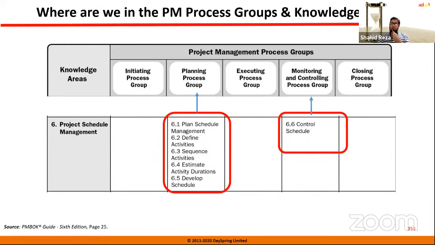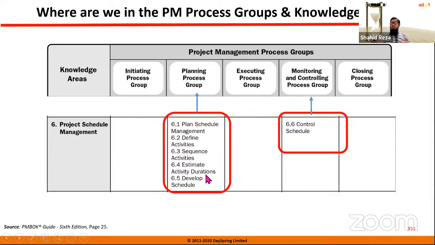Every time I say, when you are going to do anything as per PMBOK, first you need to plan. We are going to start scheduling of the project. Before that, we need to make a plan for how we will do the scheduling, how we will define activities, how we will sequence, what methods and tools we are going to use. That should be in plan schedule management.